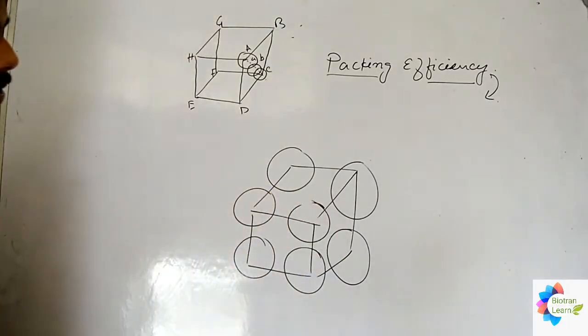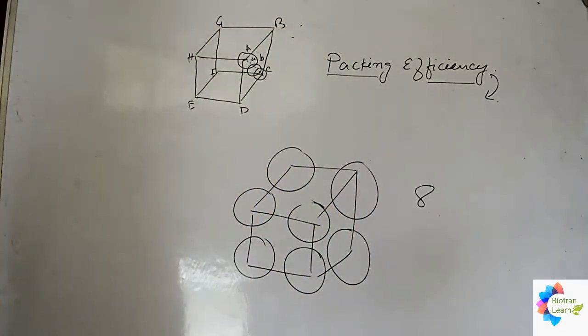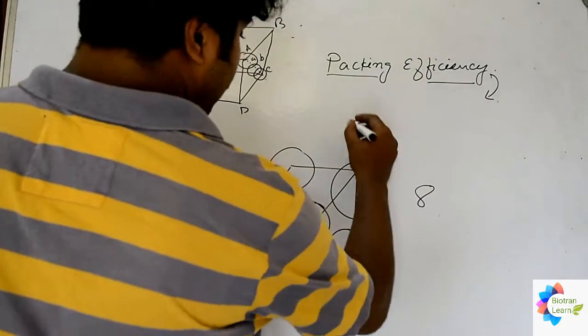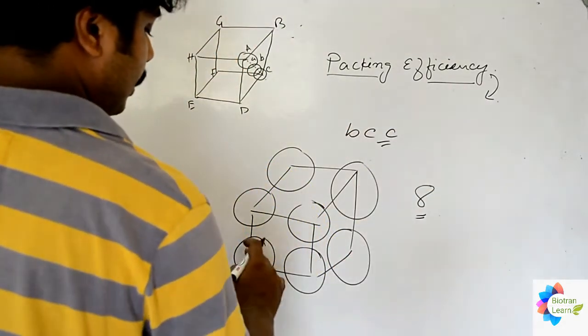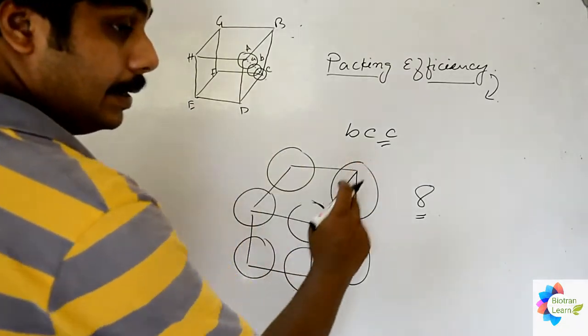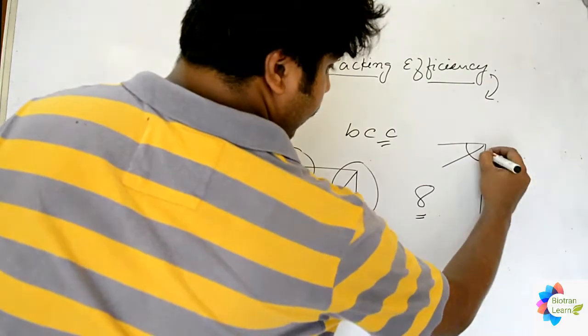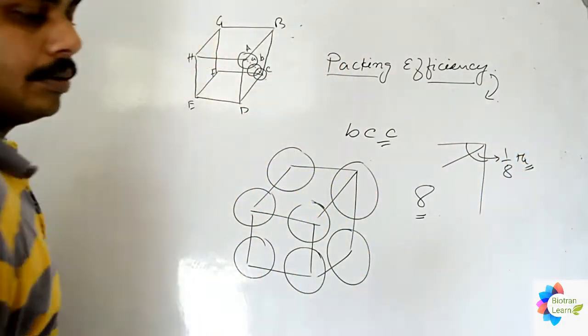according to the BCC, we will get 8 atoms at 8 corners, right? Now in case of BCC we will get 8 complete atoms at 8 corners, but only in 3-dimensional approach we will get only this part, that is the 1/8 part of it.